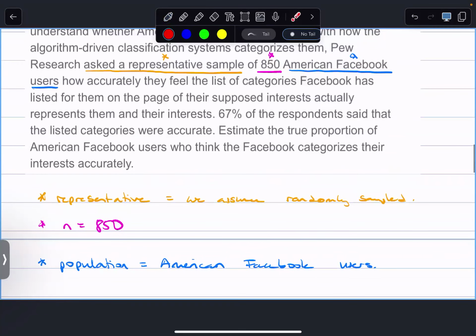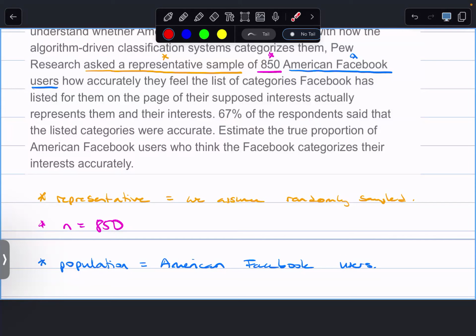So that's good. Then we're told that 67% of the respondents, and of the respondents tells me that this is sample information. This is my point estimate for the proportion of the respondents, because remember, a proportion is the same as a percentage.